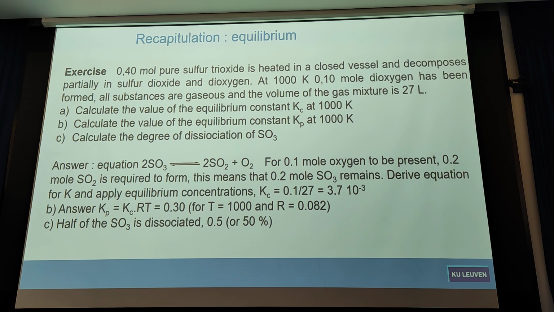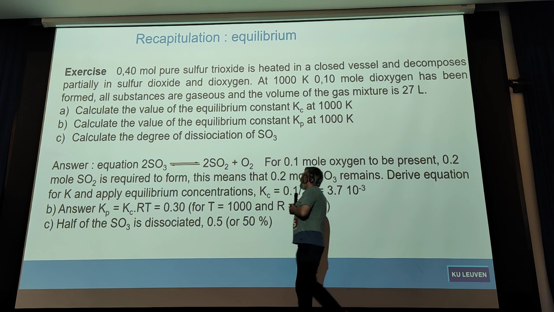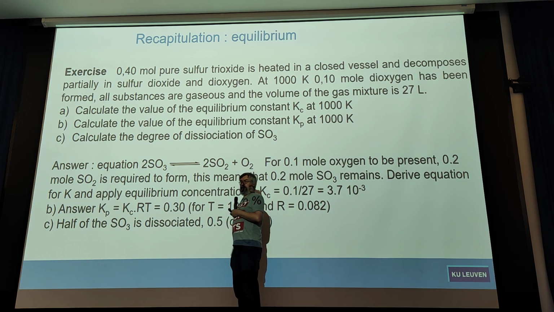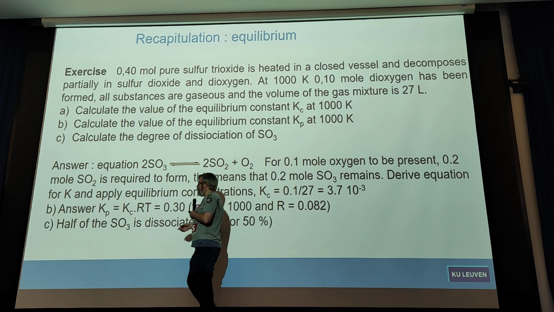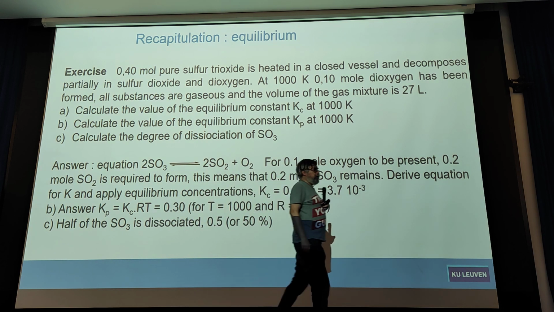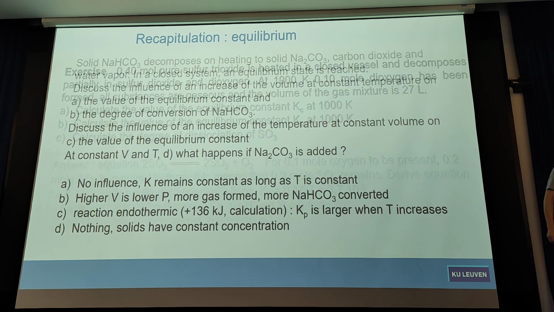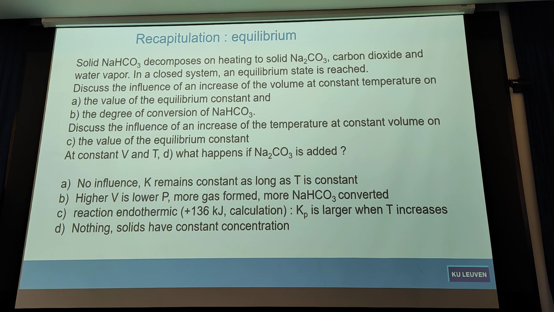It's very simple. No need for a lot of calculations. No thermodynamic calculations here are needed. We just have all of the data. Now, as you can see, we get one extra mole of gas. So that means we have to multiply Kc by the factor of RT. And that is 0.082. T is 1000.